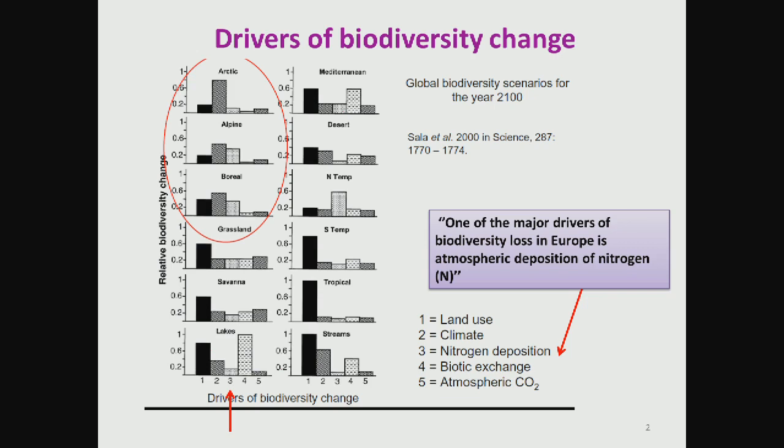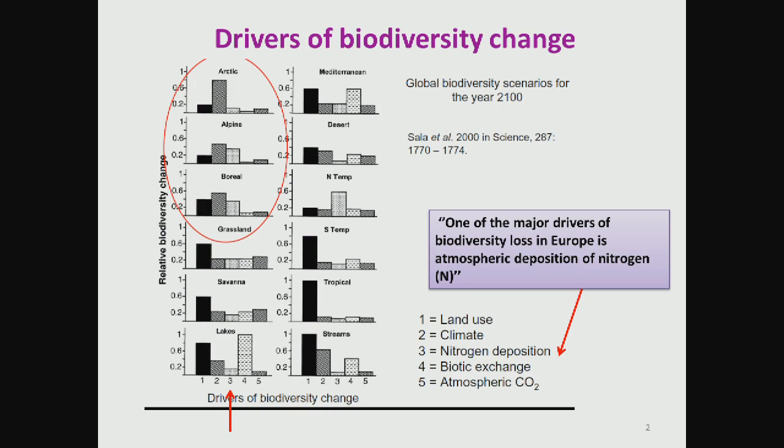If I said to you, what are the main causes of biodiversity loss, I'm sure a lot of you will come up with change in land use, deforestation, forest burning.